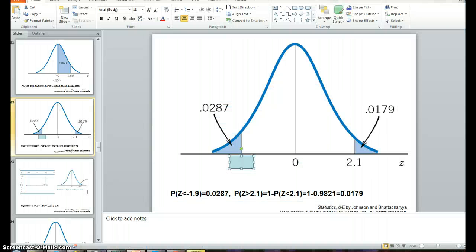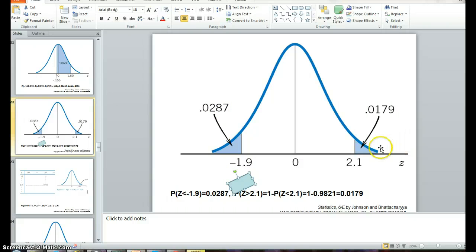Okay, so that's what this value is, negative 1.90. So if we know the left hand side, it's very easy, you don't have to do any subtraction, just go into the table and find this value, 0.0287, and that will give you the corresponding z-value.